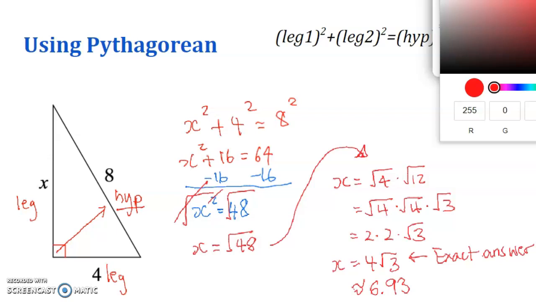Don't just write it down as, okay, that's my answer. Go back to the original question to see if it makes sense. We expect the hypotenuse to be longest, and 6.93 is smaller than 8, so that works out to be about right.